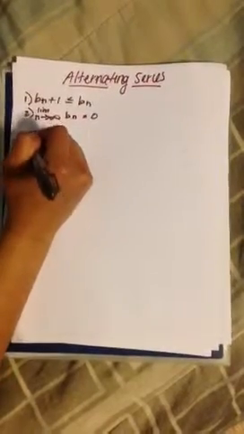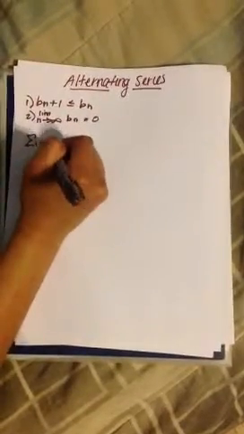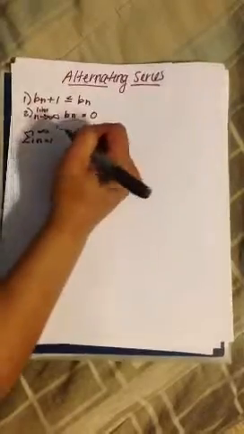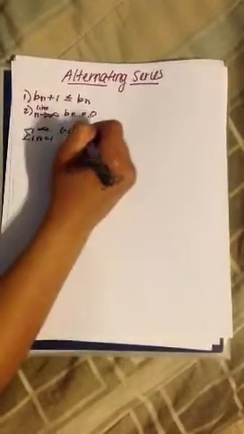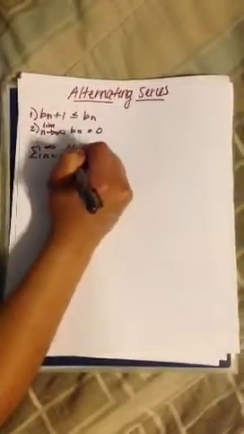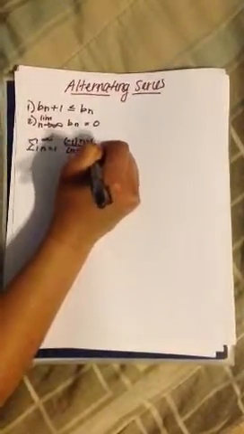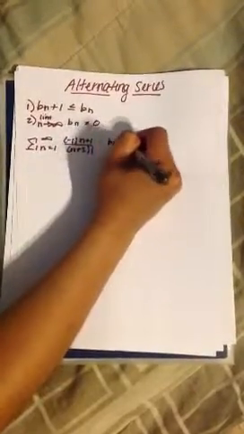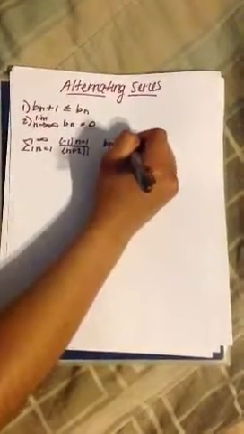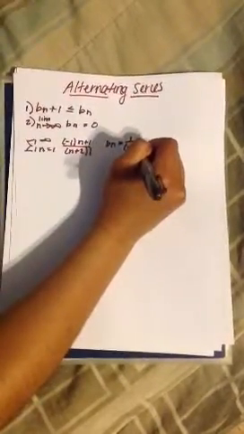So for example, let's say we have the series of n equals 1 to infinity of negative 1 to the n plus 1 over n plus 2 factorial. So now our b sub n would be 1 over n plus 2 factorial.